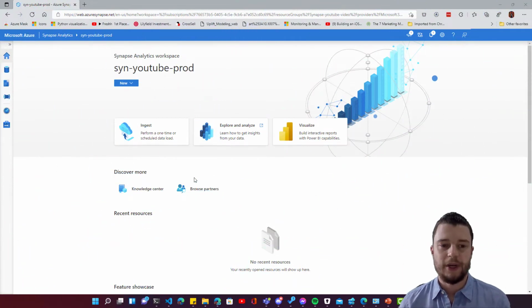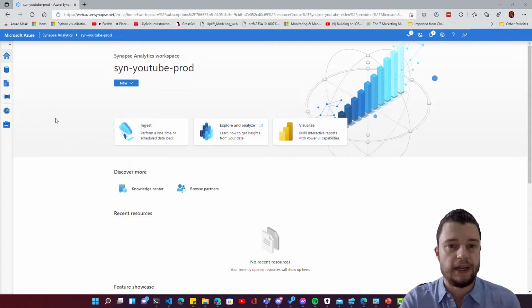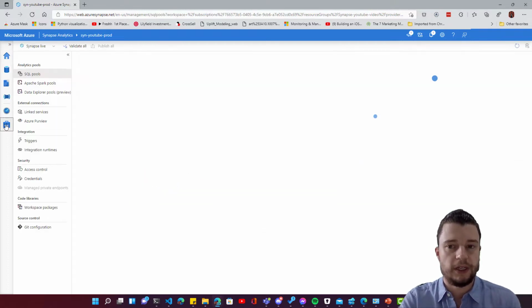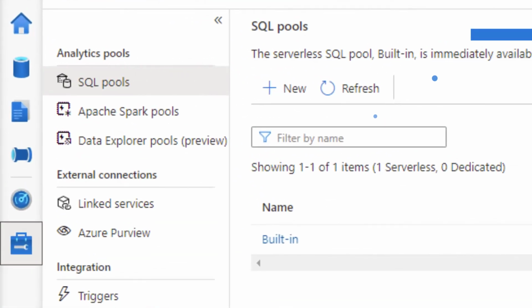Okay, so here we are inside the Azure portal. More importantly, I'm in my Synapse Analytics workspace. Now, when I'm talking about pools, what am I talking about? Well, let's go inside the interface. When I go to manage, inside of here, we're going to see 3 analytics pools up in the top left-hand corner.